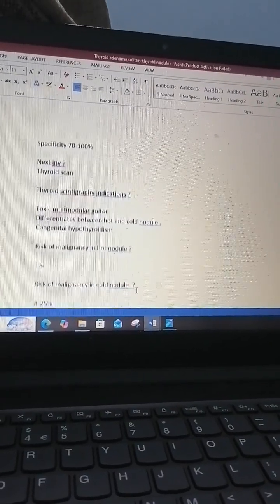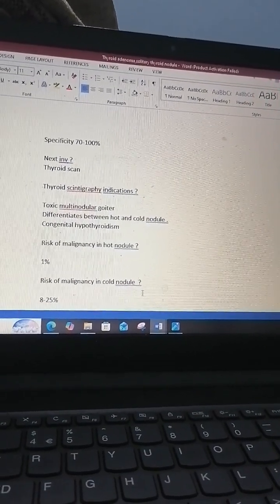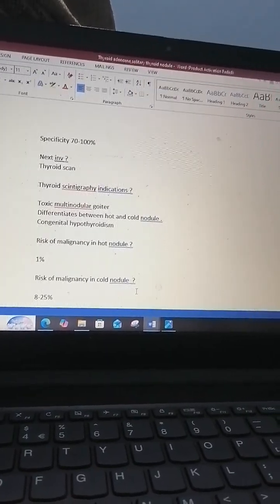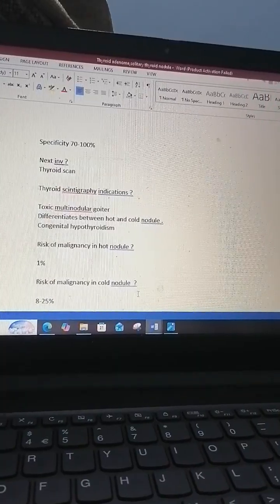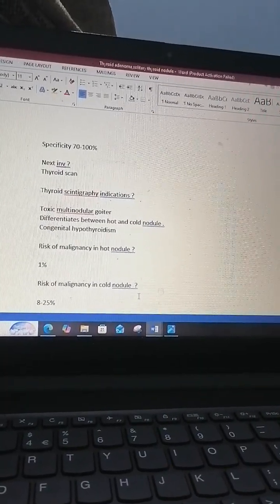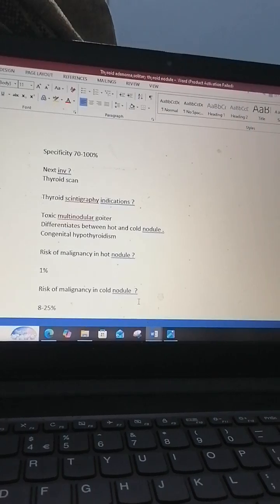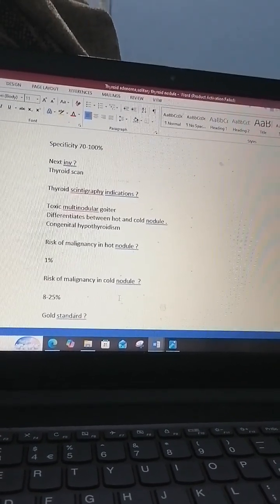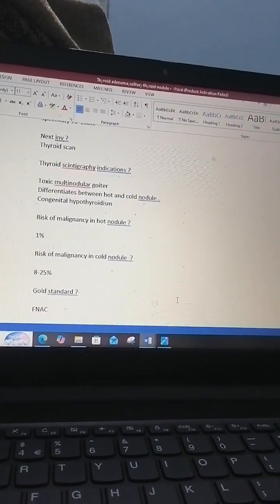So if there is a solitary thyroid nodule, we will do the thyroid scan in this case to differentiate whether it is a hot nodule or a cold nodule. If it is a hot nodule, the risk of malignancy is only 1%, but if it is a cold nodule on thyroid scan, the risk is 8 to 25%.